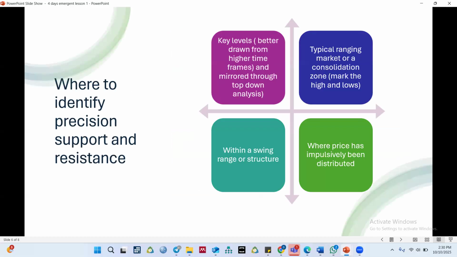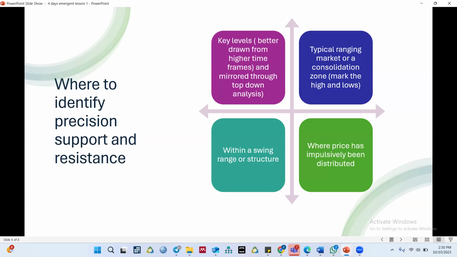Where to identify this? One, at key levels. Okay. So when we talk of key levels, you can view that as demand supply zones, swing highs, swing lows, and normal support resistance zones.